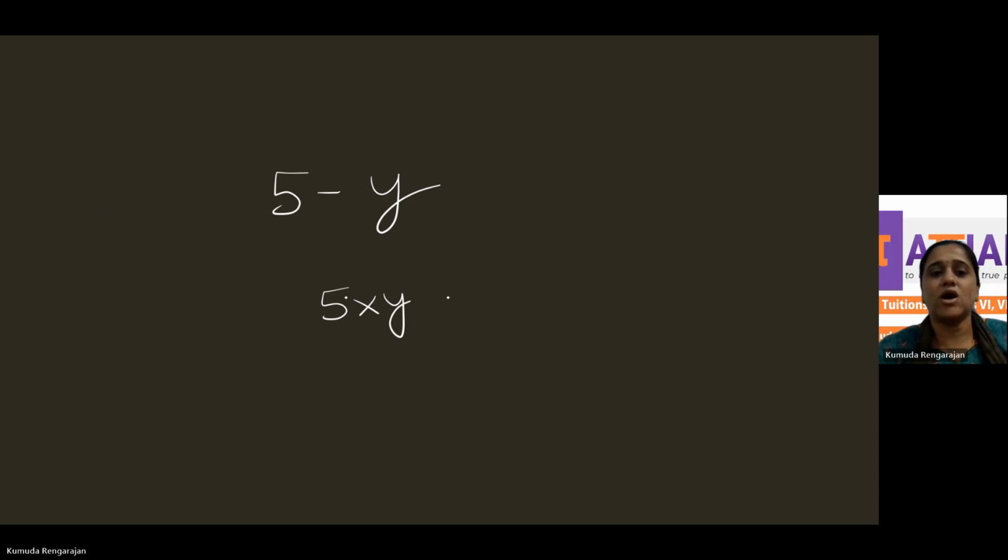Now, how do you express the difference of 5 and a number? 5 minus Y. The product of 5 and a number is 5 into Y or 5Y.